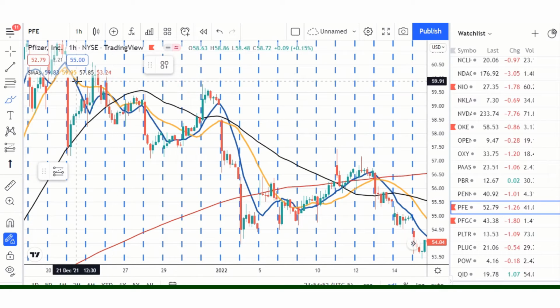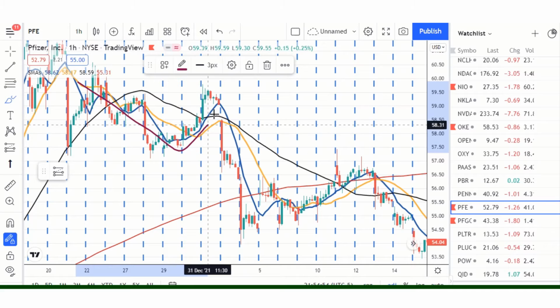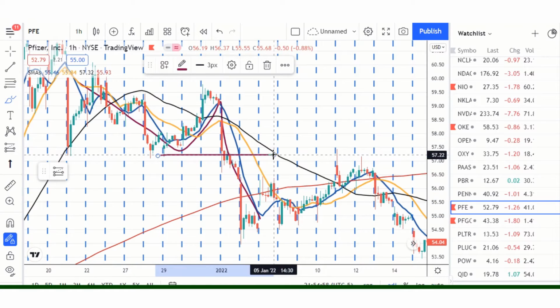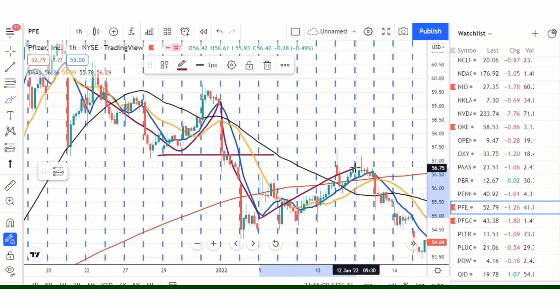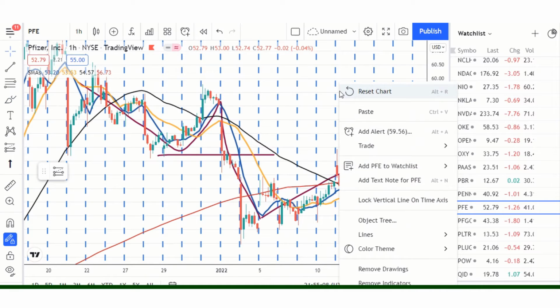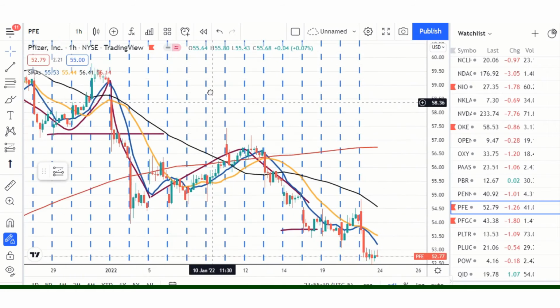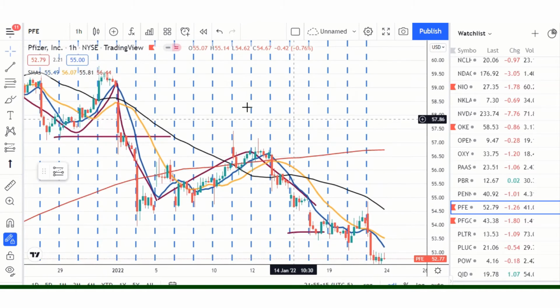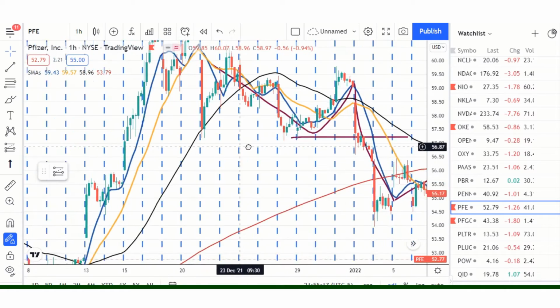Okay, there, and you enter a trade right here, and then here, and you would enter a trade down here. Yep, you would enter the trade around here. Okay, and that's with Pfizer stock.